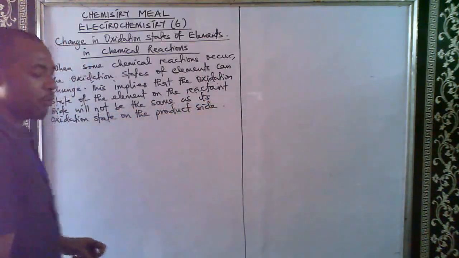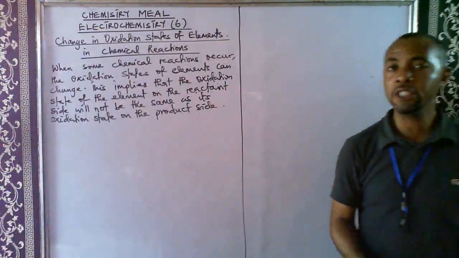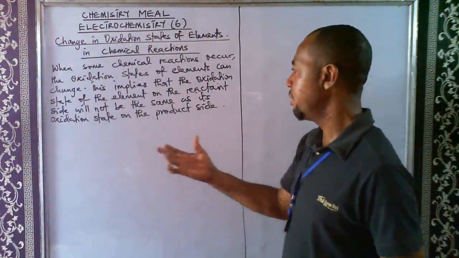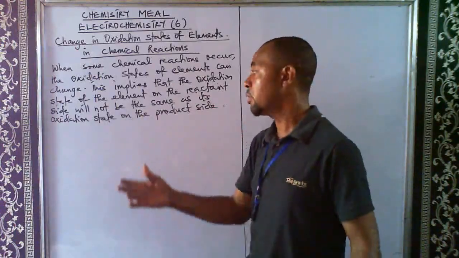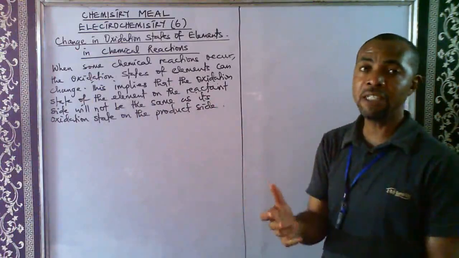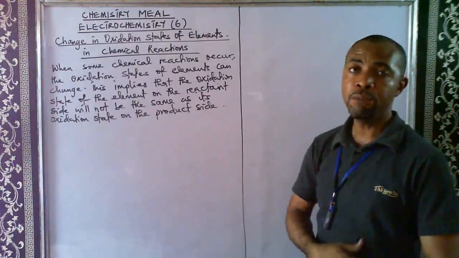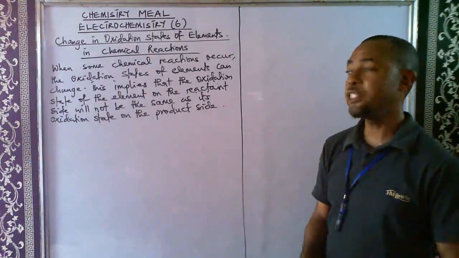So when we have this change in oxidation state, the oxidation state of that particular element on the reactant side will not be the same as on the product side. So how then do we find this change in oxidation state?